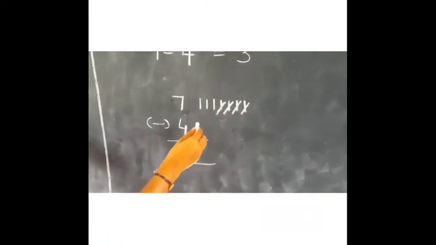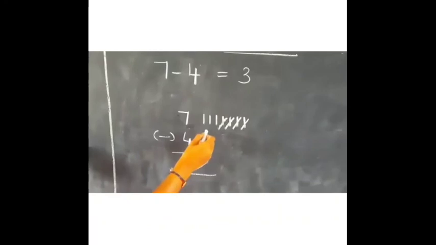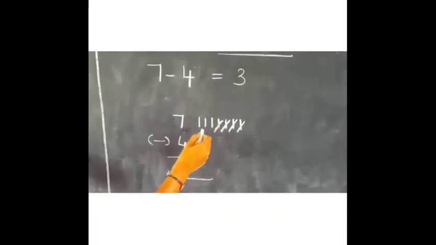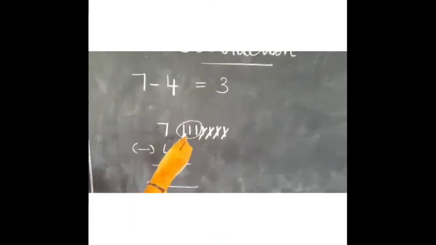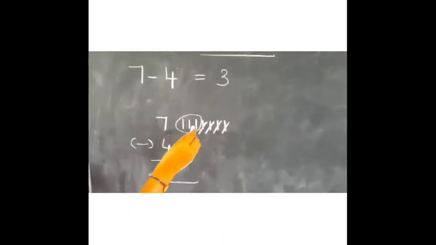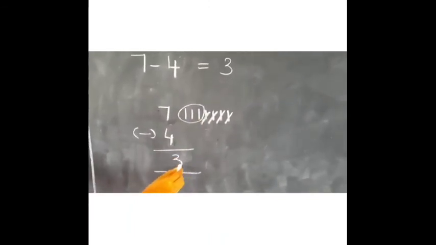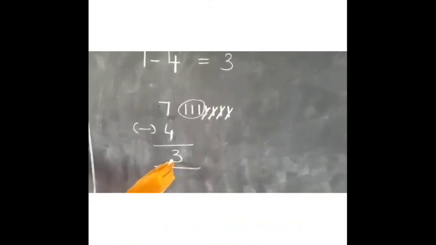Children, now count the remaining lines, that is uncrossed, by circling them. 1, 2, 3. Right here 3. Children, there are 3 uncrossed lines. Hence the answer is 3. So 7 minus 4 is equal to 3.